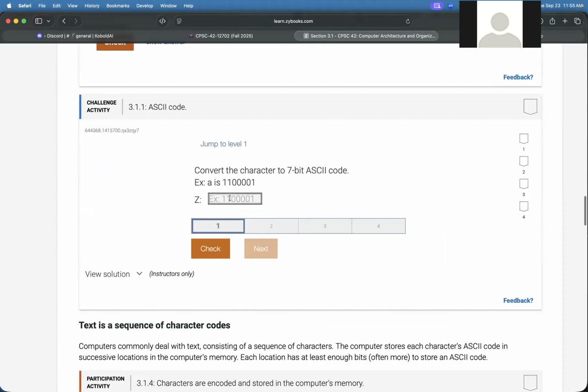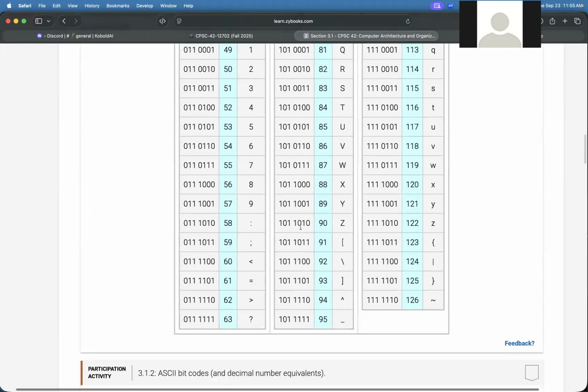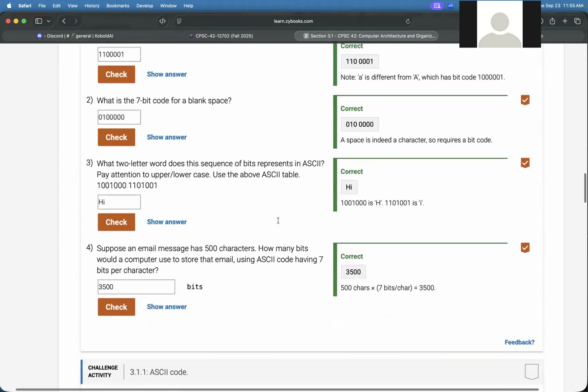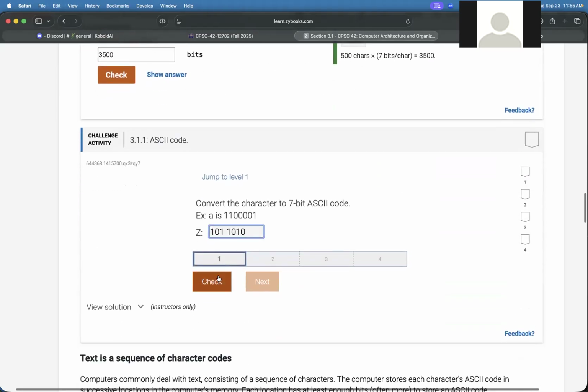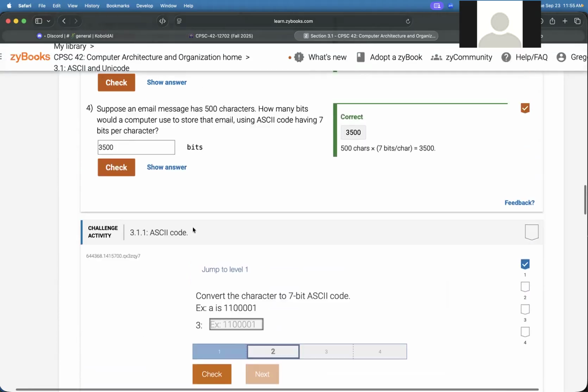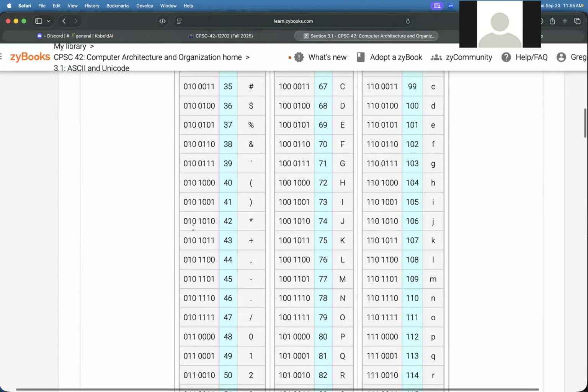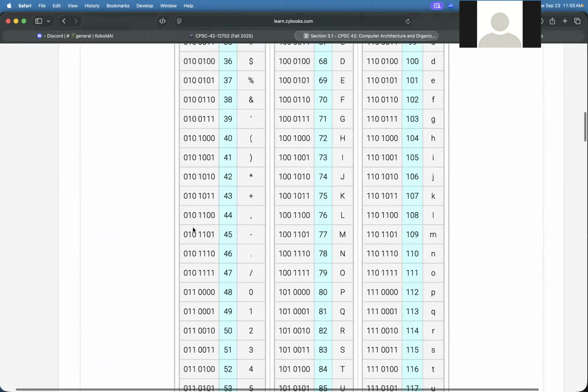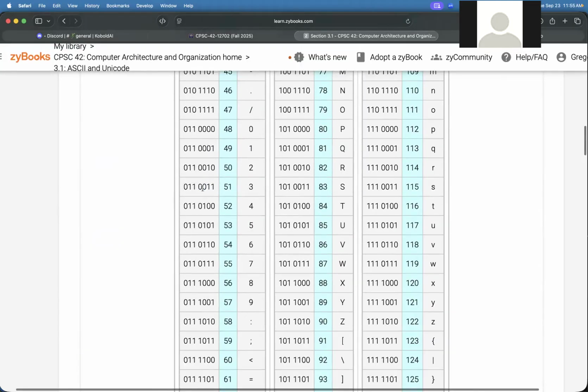So here we're just looking these up. Like Z, you just look up Z up here. Just copy paste it, don't type it. What's a three? Notice that three is not the binary number three or anything like that. So you're looking for the character three, and there it is.